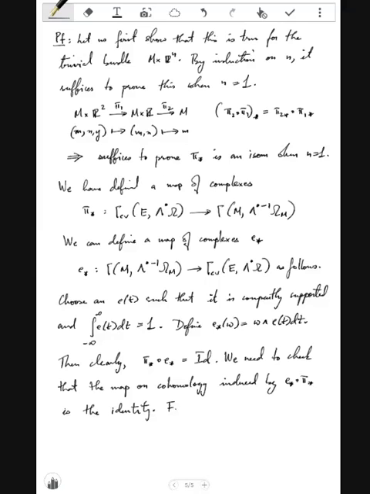For this, it suffices to show that e lower star composed with pi lower star is homotopic to the identity of complexes.